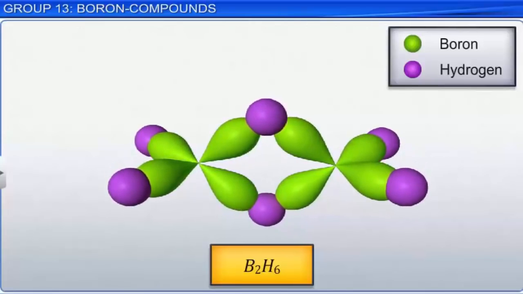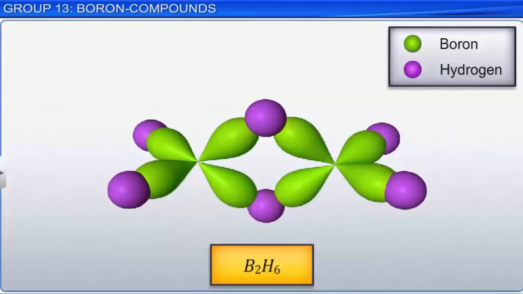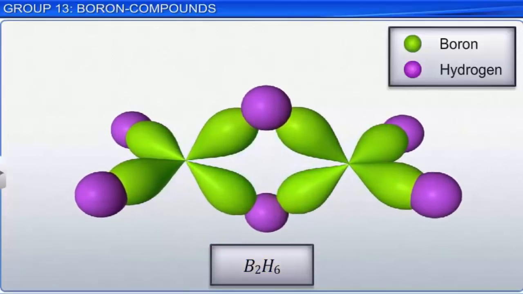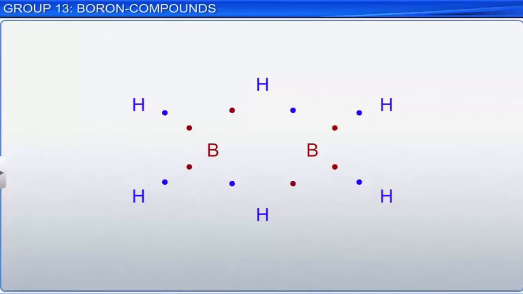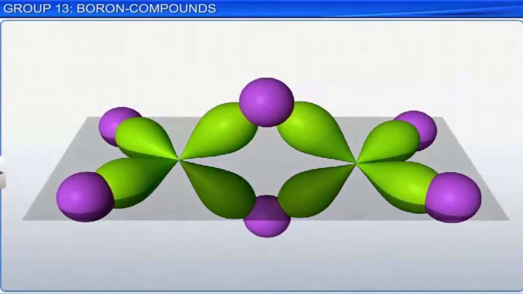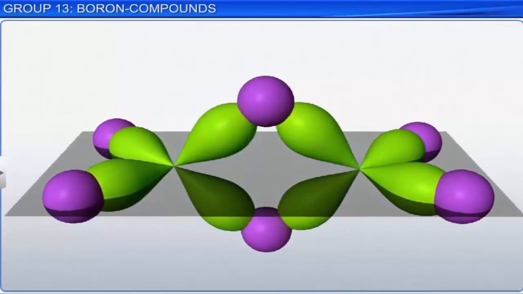Diborane is an electron-deficient molecule. Notice the peculiar structure of it. The 2 boron atoms and the 4 terminal hydrogen atoms of the molecule are all in the same plane. These 4 terminal BH bonds are regular 2-centered 2-electron bonds. The bridging hydrogen atoms lie above and below this plane.